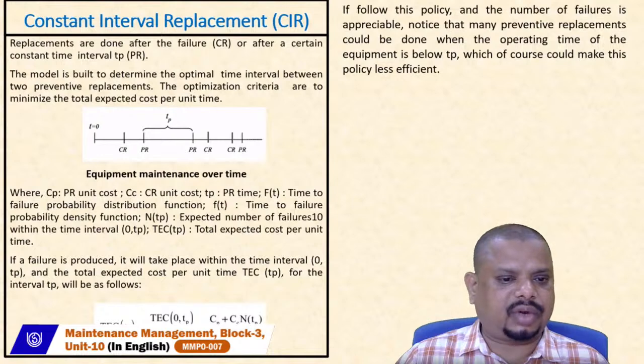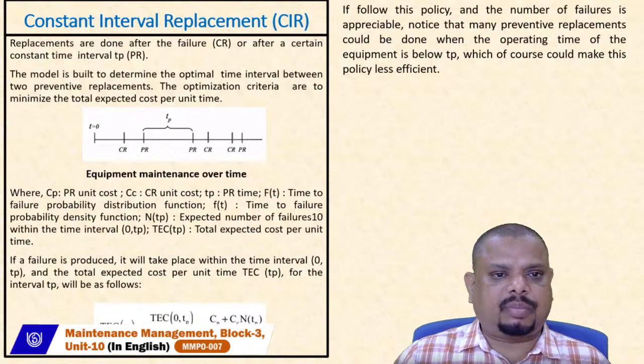Here N(TP) stands for the expected number of failures within the interval time, as I told you, and TP stands for the constant time interval.